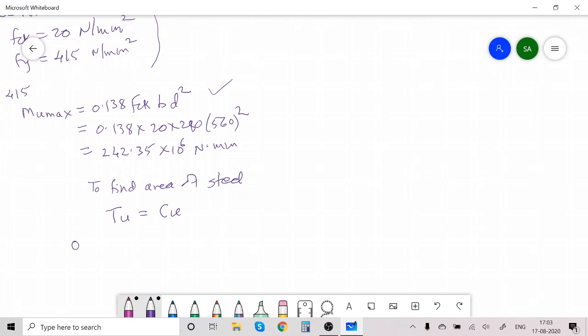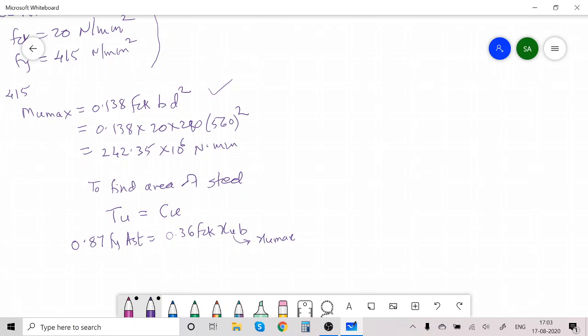Tu is the total tensile force given by steel, 0.87 fy Ast, is equal to 0.36 fck Xu b. Here, as this is a balanced section, we will substitute the value of Xu as Xu max, which is 0.48 d.